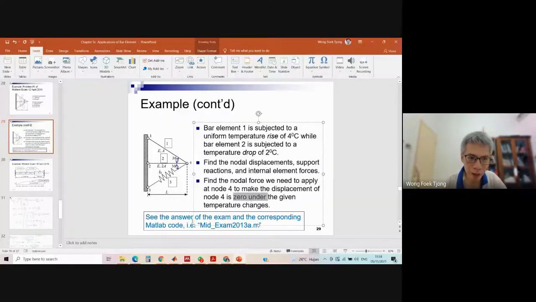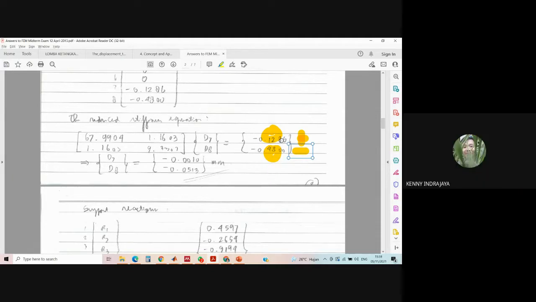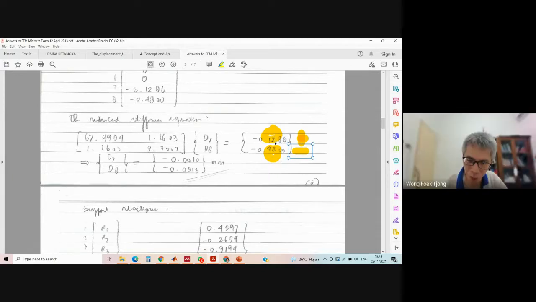According to our computation, no, because when we apply the force opposite to the right-hand side, the total force becomes what? Zero, right? The total force becomes zero, so we counter the temperature effect already.